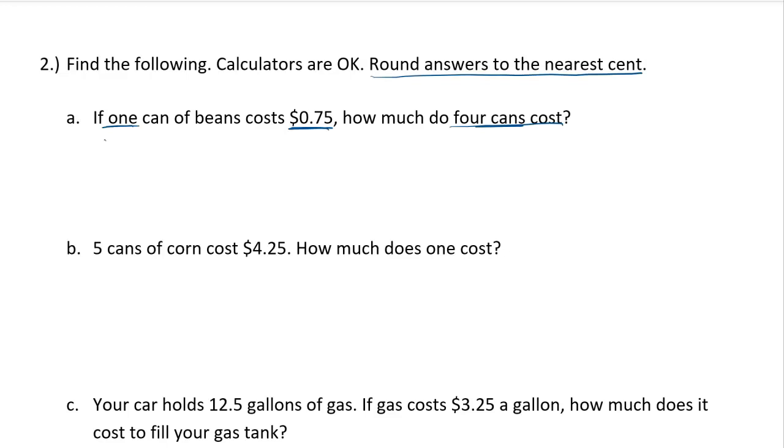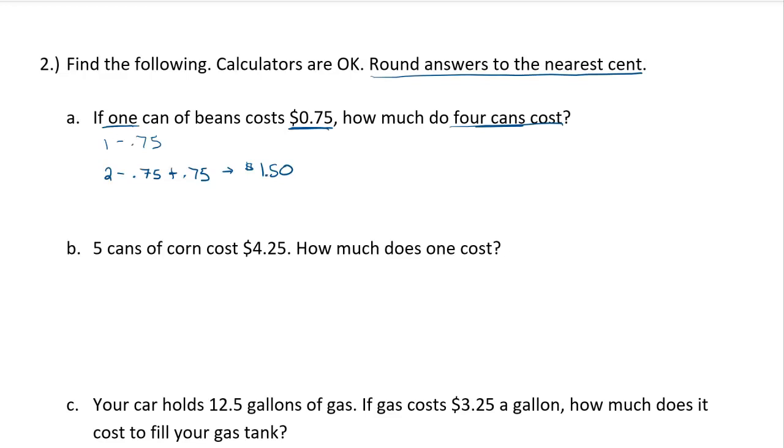Well, if I have 1 can, right, that's going to equal a total of 75 cents. If I get 2 cans, right, that is going to equal, let's see here, 75 cents plus 75 cents. That is $1.50. And so forth.